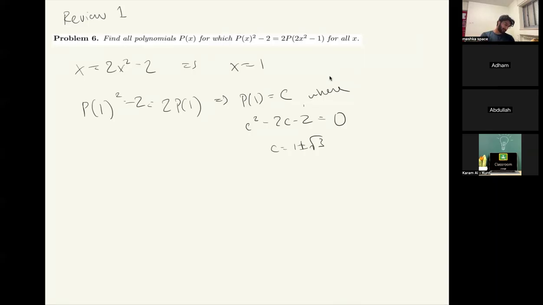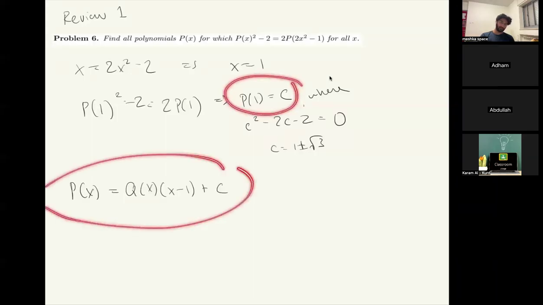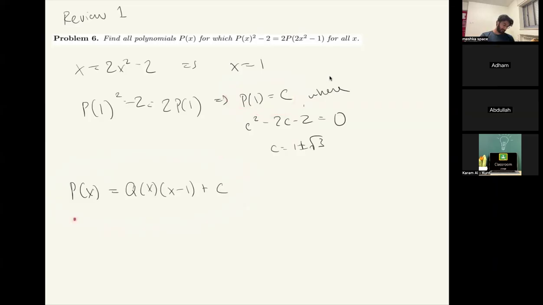One way to use this information we got, that p of 1 equals c, this number that we know, is to write p of x by polynomial division by x minus 1, as something like q of x times x minus 1 plus c, where c is one of these two numbers. So it's just an equivalent way of writing this statement. These two statements are equivalent, but the second way allows us to plug it back into the functional equation. And we'll get something for q now.